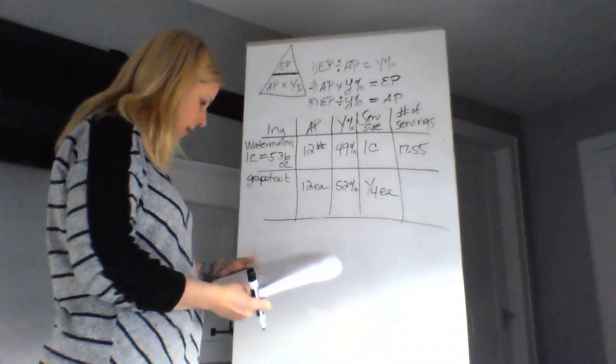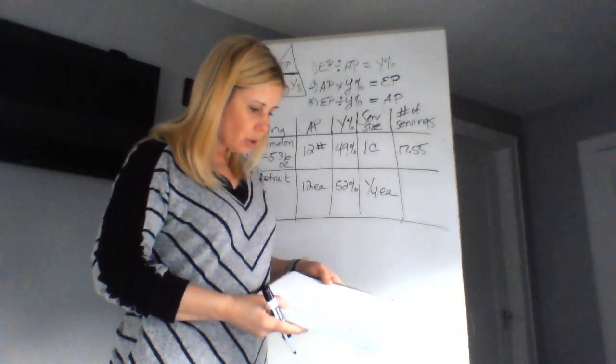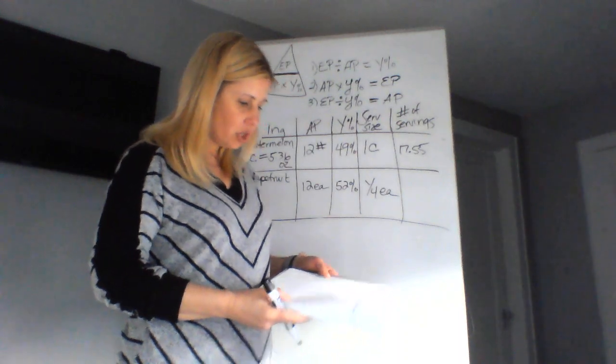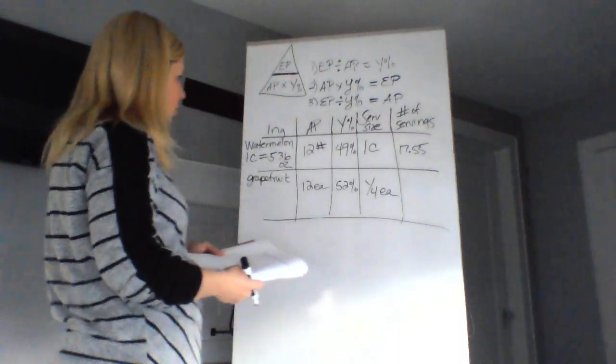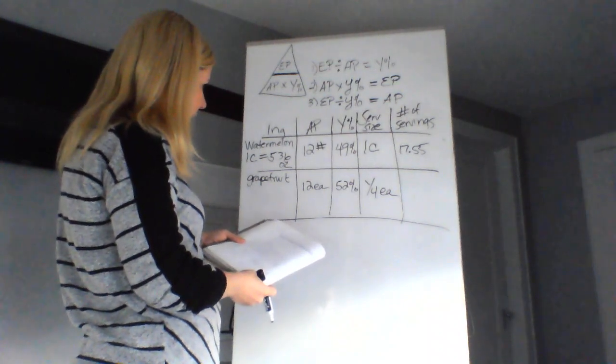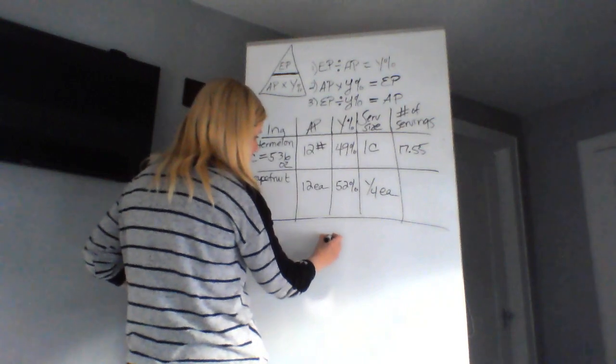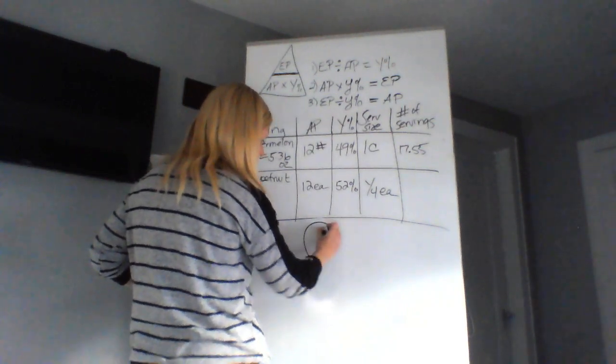Okay, so let's go through and let's solve this together for grapefruit. So we're starting with 12 eaches, okay? So 12 eaches, and think about it this way. Okay, so let's say this is a grapefruit, right?